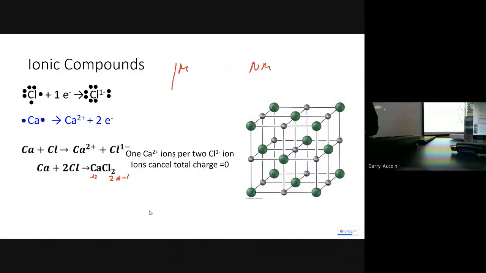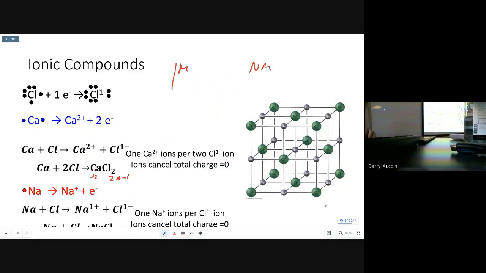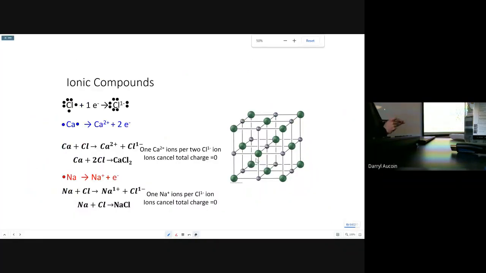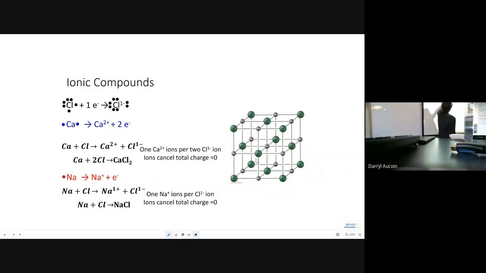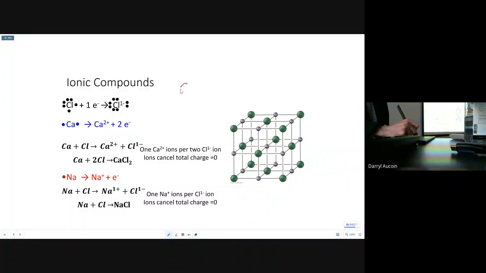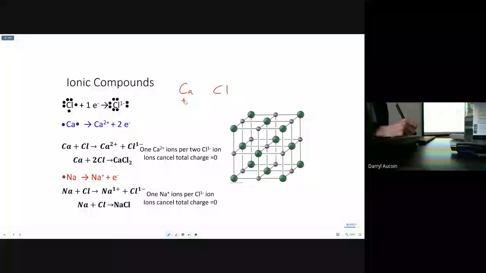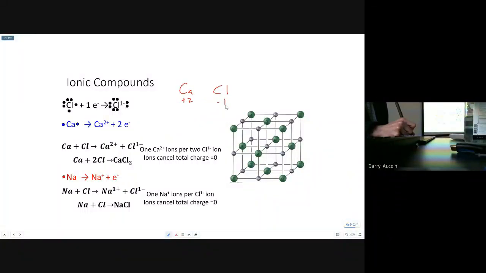And this works with negatives too, just like we had with the positives here, right? So Cl has a -1 charge. We already said that Ca is a +2. So if you had Ca and Cl together, this is +2, this is -1.